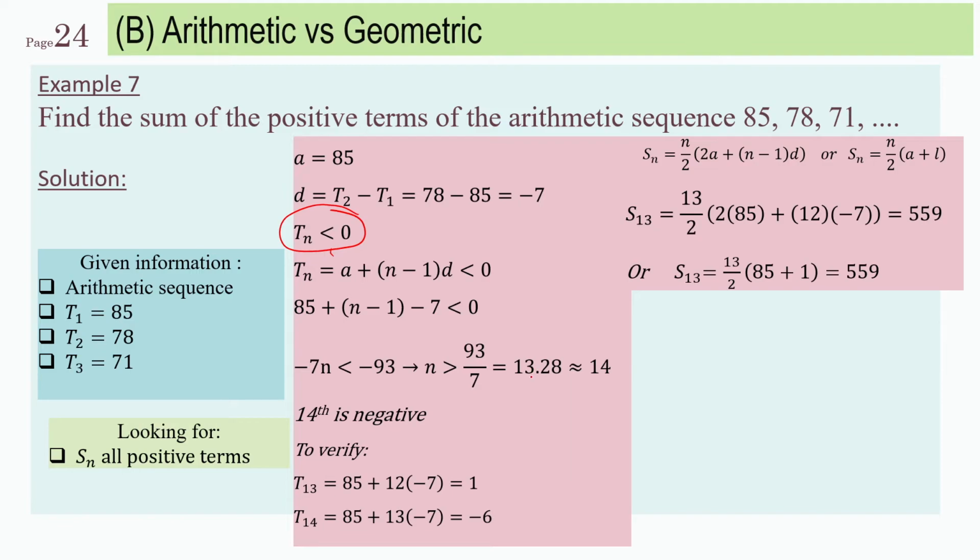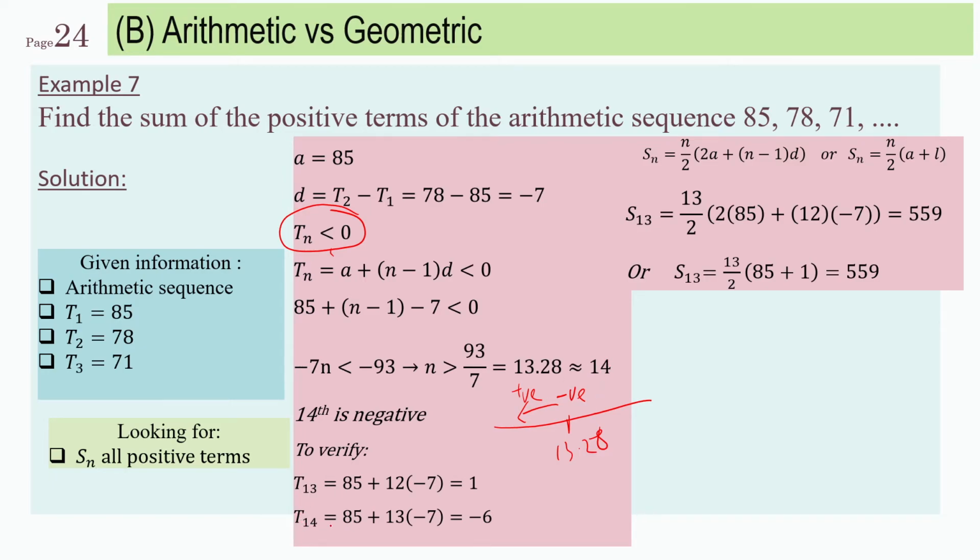If you use 13, what is going to happen? It will still give you a positive, because 13.28 is the starting of negative, so the one before here must be positive. After this, all must be negative. So we look for the next integer after 13.28, which is 14.